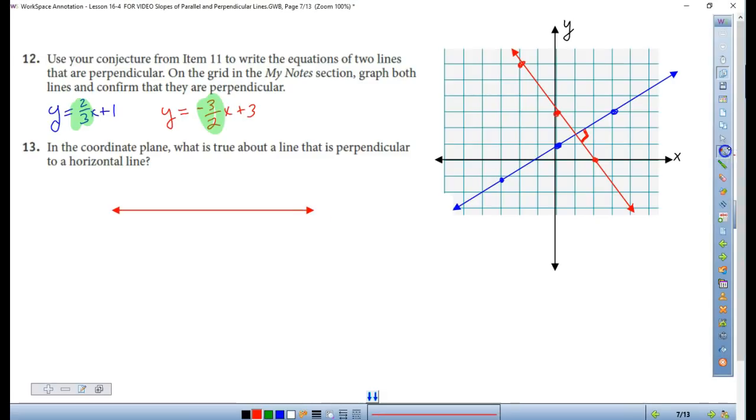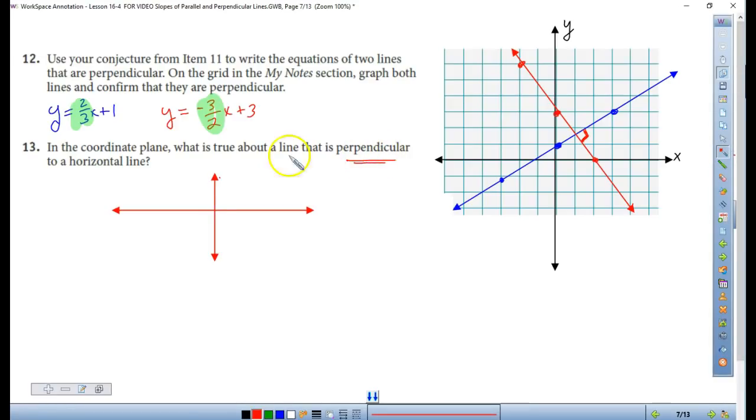Hopefully, you're coming up with a line that will look like this, right? Oops, well, it needs to actually be vertical. So in order to be perpendicular, you'd have a horizontal and a vertical line.